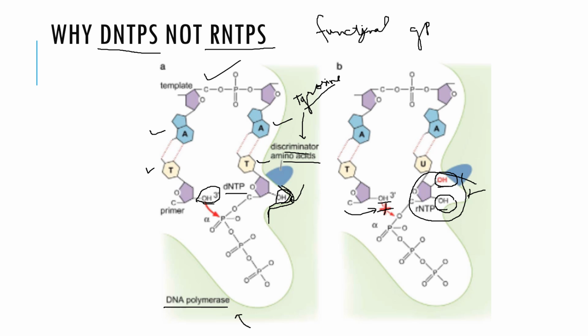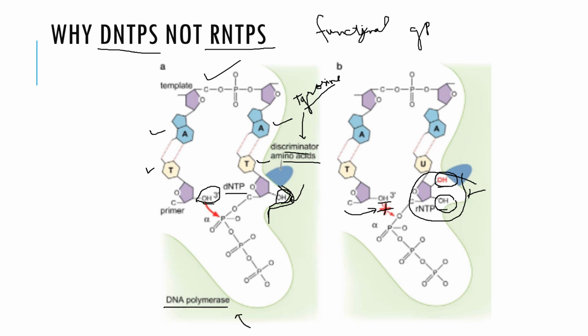Okay, the answer is that if dNTPs are used, in that case the tyrosine, that is the discriminator amino acid, can recognize it and fit the hydroxyl group in the bulging, and the process will go smoothly. But if there are two functional groups or hydroxyl groups, in that case the discriminator amino acid will not recognize them.